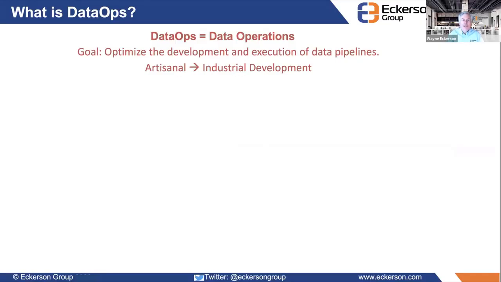And the goal of DataOps, like DevOps, is to optimize the development and execution of code, in this case, data code or data plus programming code, the combination of which we call data pipelines. If you take a 100,000 foot view of DataOps, it's really about helping data development teams move from an artisanal development process to an industrial scale development process.